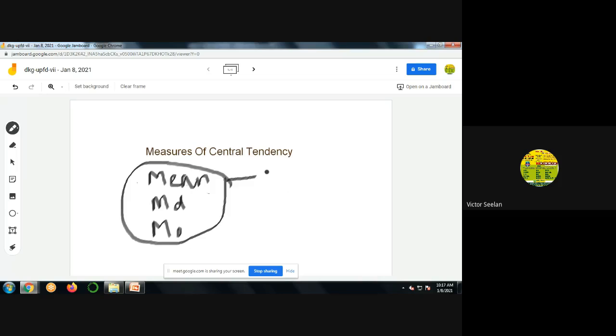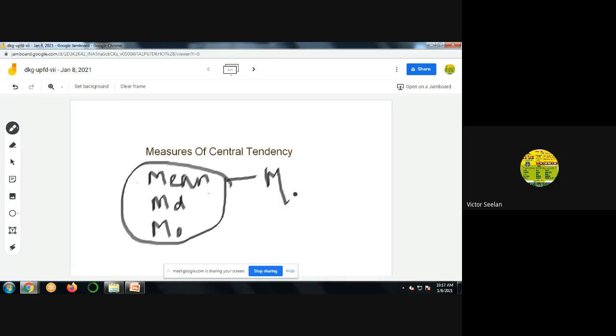For averages, we are going to introduce one notation, mu. Mu means averages or mean.